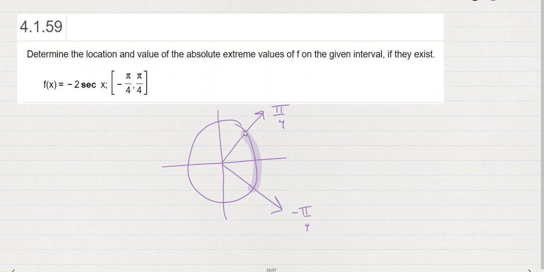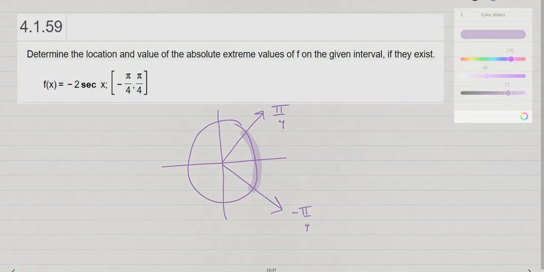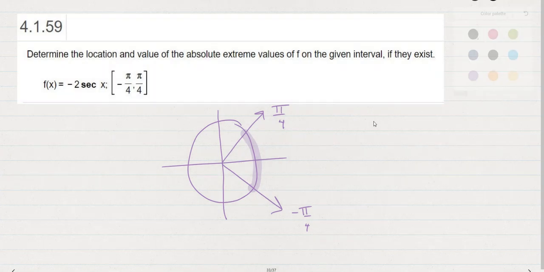When we look at the secant, the other thing we need to notice is that the secant of x is 1 over cosine of x, right? Because the secant and cosine are inverse relations to one another. And then the last thing I want to look at is the derivative.